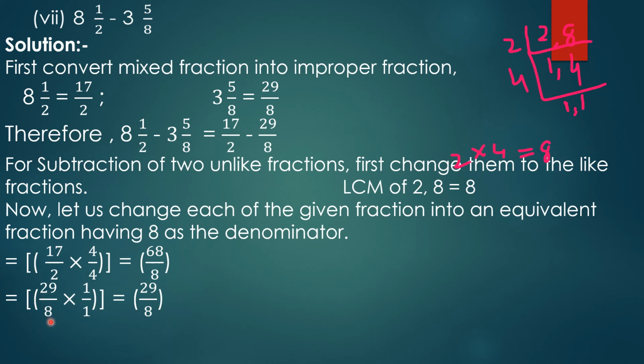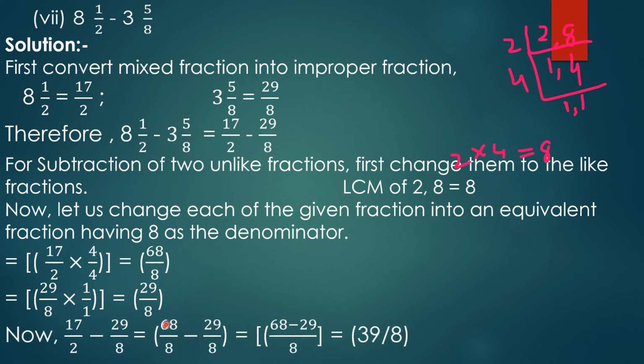Here the denominator is already 8, therefore multiply by 1 and the numerator also by 1. Therefore this will become 29 by 8. Now match with our starting fraction, that is 17 by 2 minus 29 by 8, which is equal to 68 by 8 minus 29 by 8.